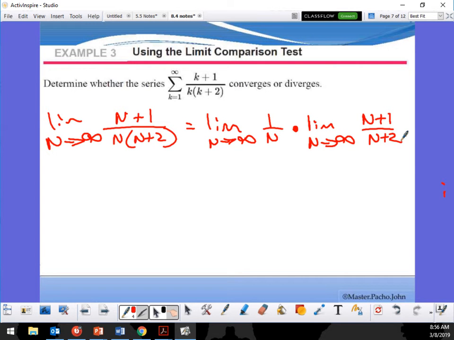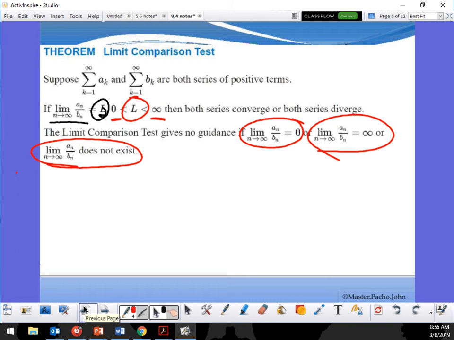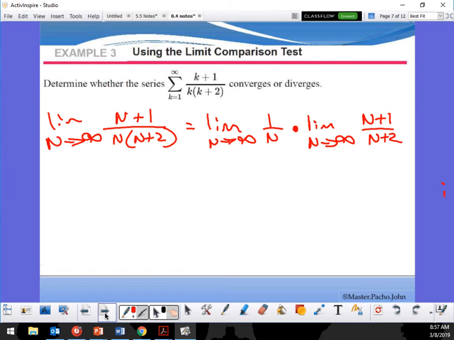Right? So now, it said limit comparison test. So how am I going to rewrite this now? I have everything written out. What am I comparing this to? I'm going to compare it for convergence or divergence.